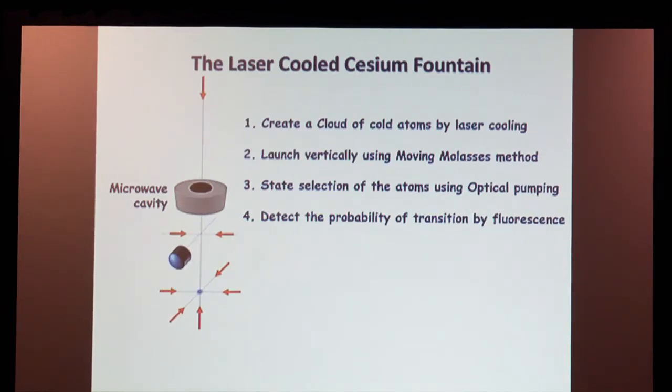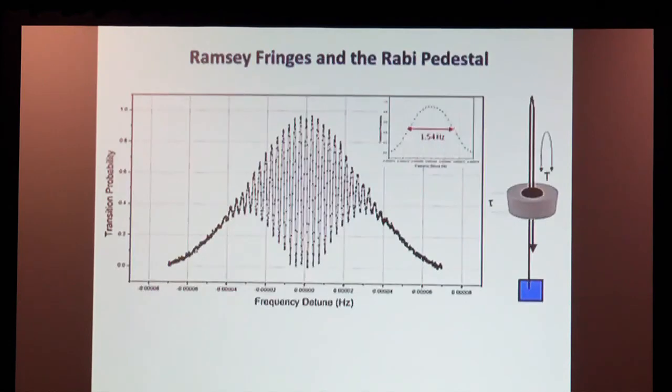Firstly, your signal to noise reduces because you don't get back as many atoms as went up. And secondly, there's a velocity dispersion in the cloud in which the atoms are moving relative to each other. Because of the velocity dispersion, these Ramsey fringes wash out before they go to the end.